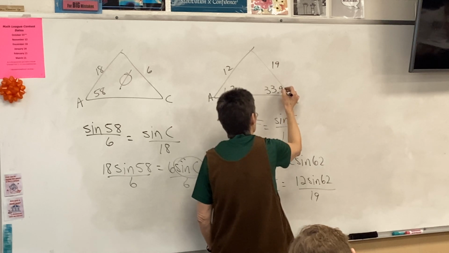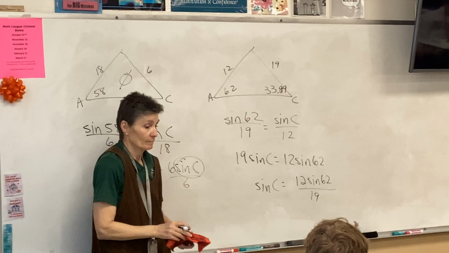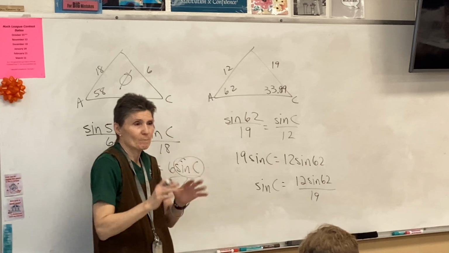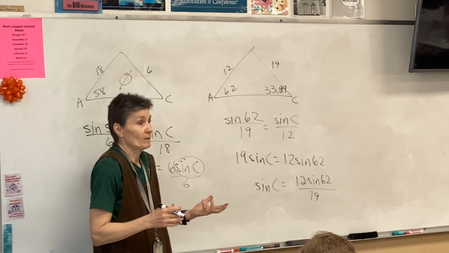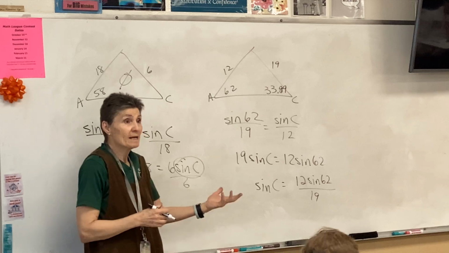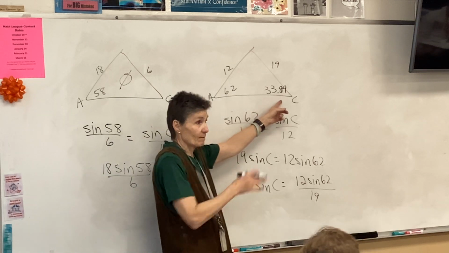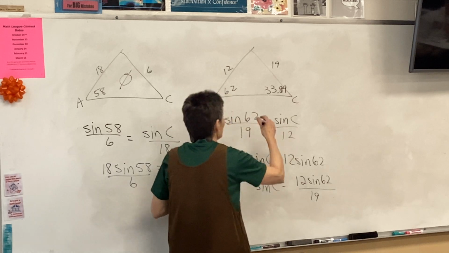No, 89. 89? We don't really care that much about that particular answer, because what are we trying to do? Figure out whether we have one or two triangles, right? So we definitely have one. We got an angle here. Did everyone get 33?